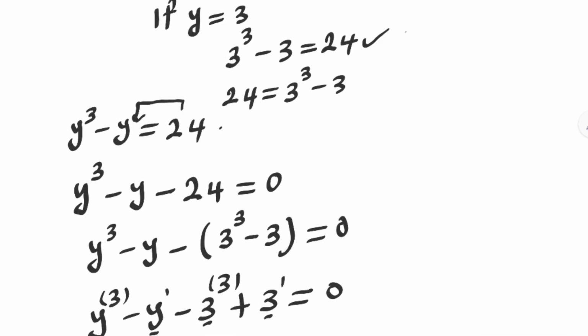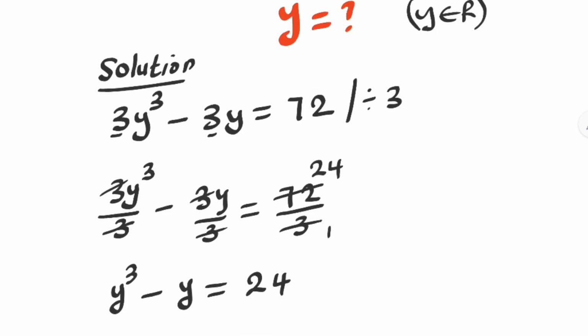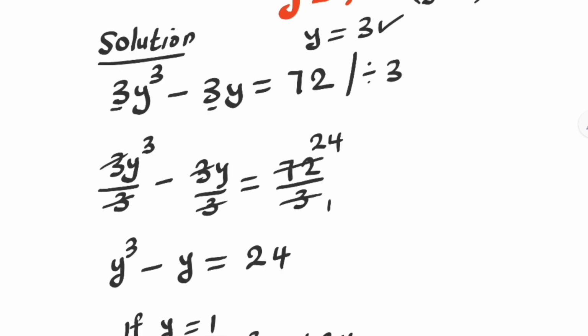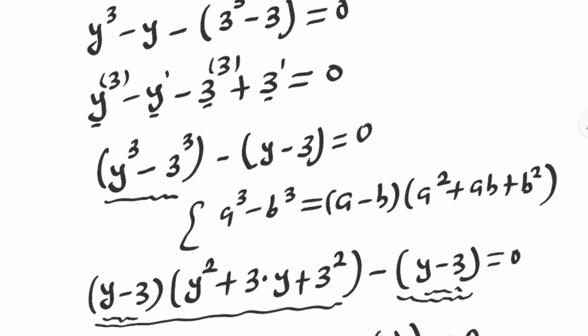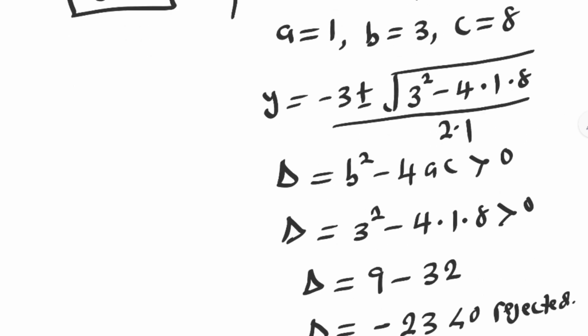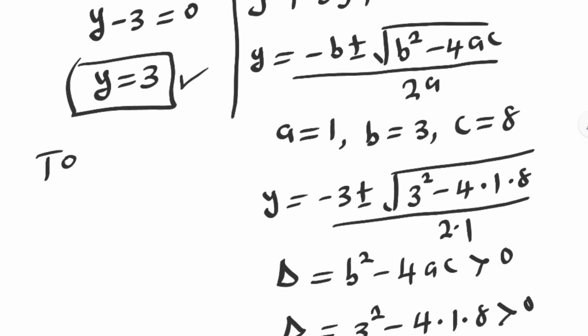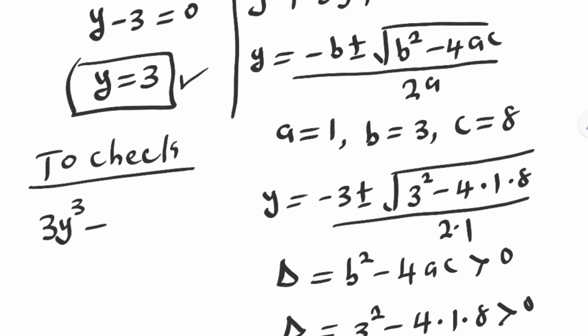Therefore, y is equal to 3 is the solution here. We may check to confirm if this answer is right or wrong. Let's check. To check, we have the given equation 3y raised to power 3 minus 3y is equal to 72.